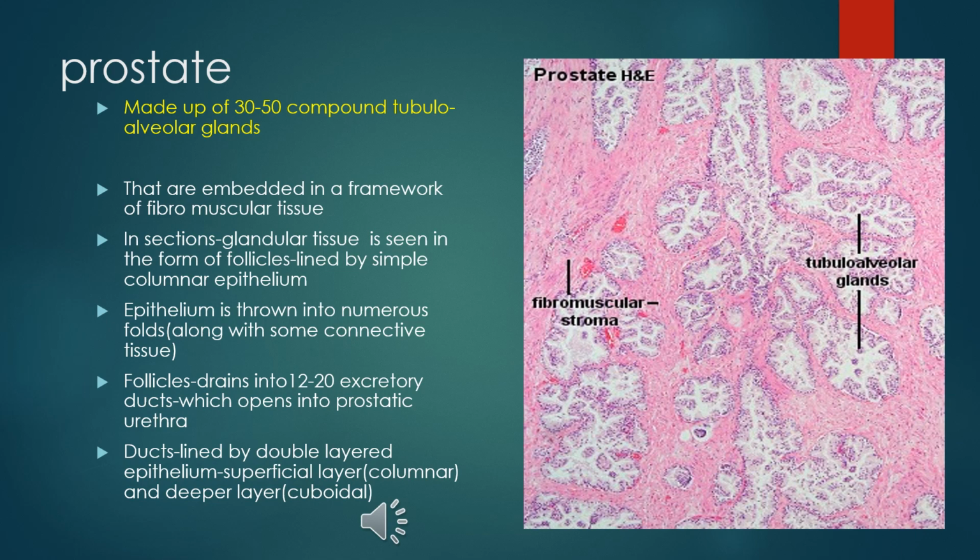These follicles drain into ducts; 12 to 20 excretory ducts open into the prostatic urethra. The ducts are usually lined by double layered stratified epithelium. The superficial layer is columnar and the deeper layer is cuboidal.